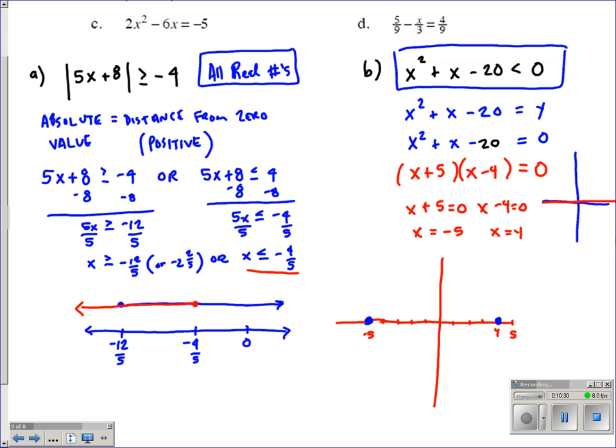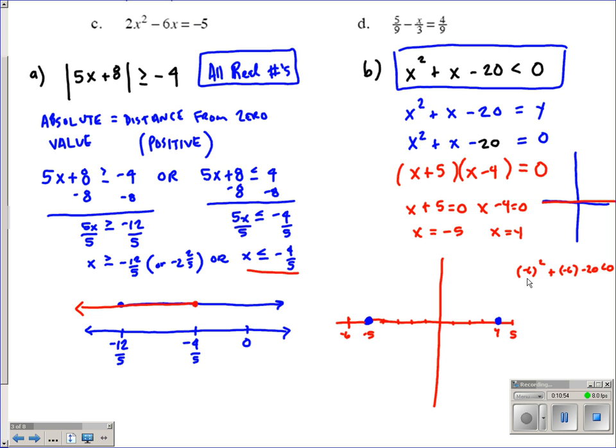So let's take a value from over here, a number that's less than negative 5. Let's go with negative 6 and plug it in. So I'm going to say negative 6 squared plus a negative 6 minus 20. We're seeing if that is less than 0.